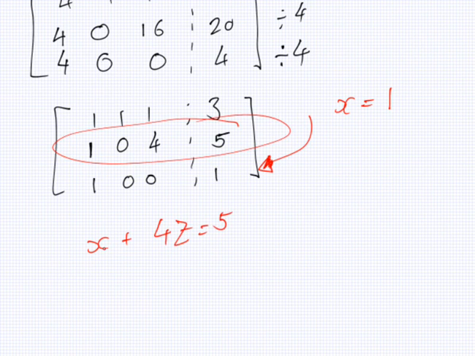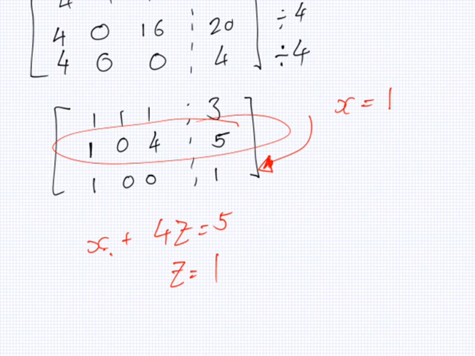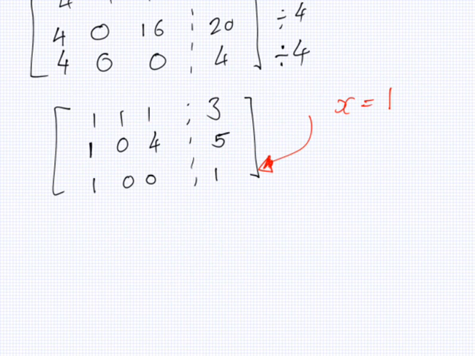So this is the answer. In this method, it's like a puzzle. You try to rearrange it until you get this box, the 1, 0, 0, 1 box. Simplify the box to this box.